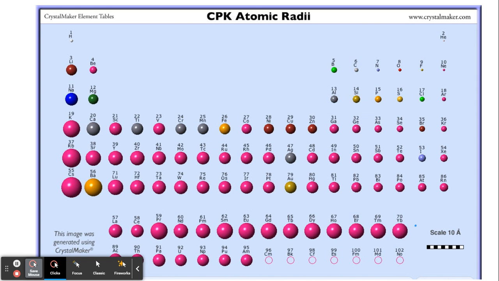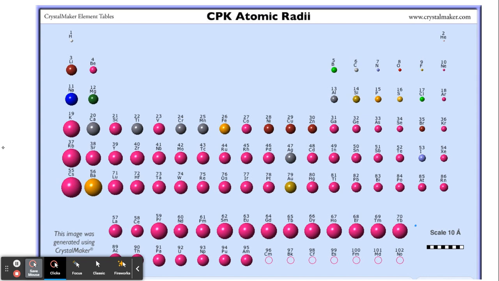You'll also notice that the other trend you learned was that as you go down a group, atomic radius increases. And that's because you're adding a new energy shell each time. You see that this holds very consistent across the s block elements or the p block elements, but it's less consistent in the d and f block elements because you're adding again to inside shells rather than outside shells.